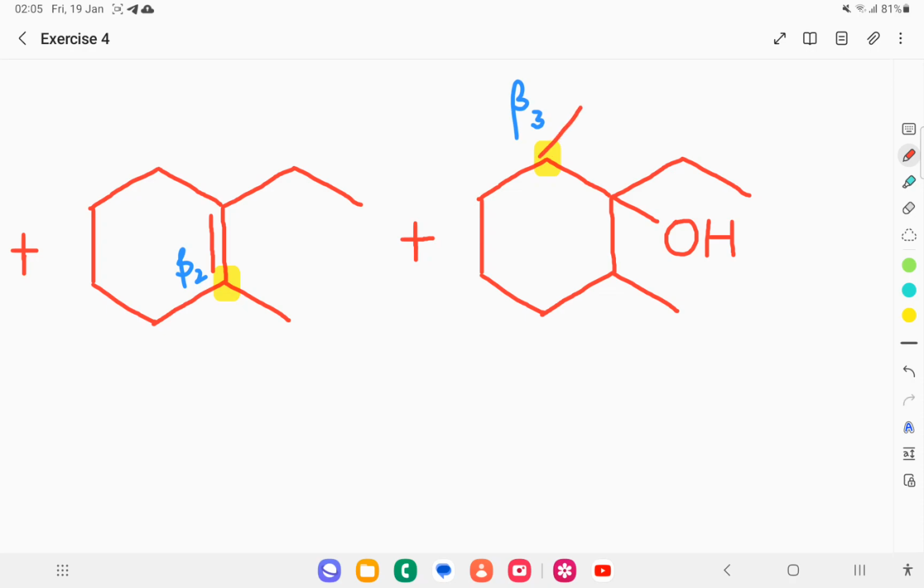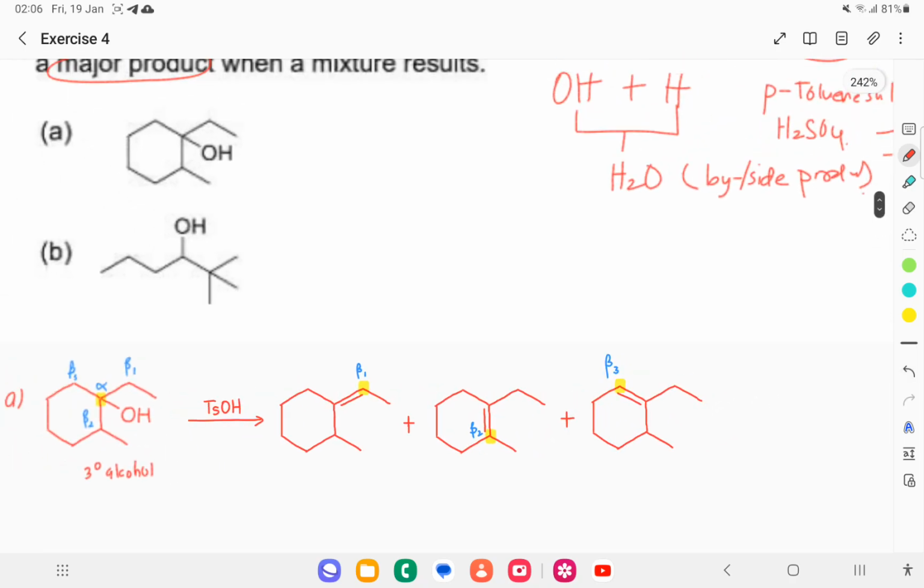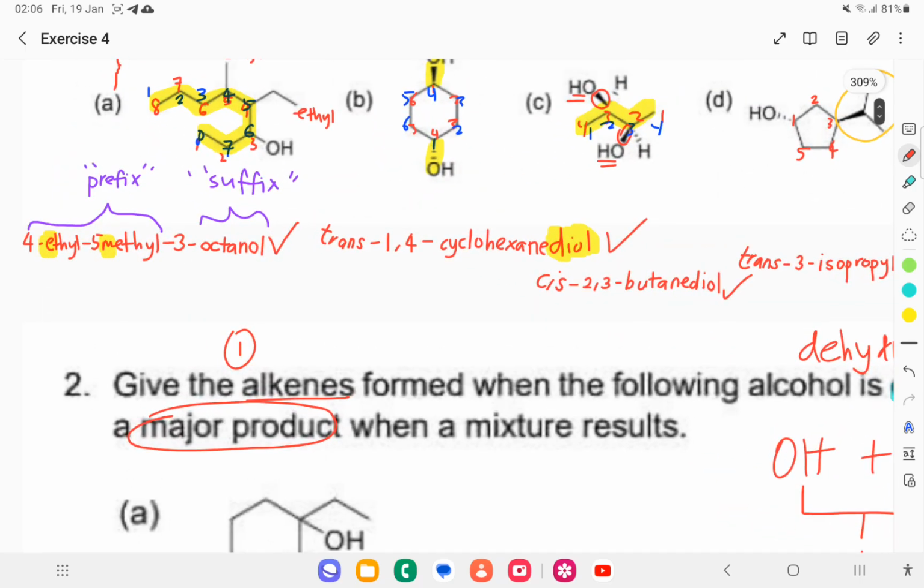We expand the structure to show the bonds between carbon and hydrogen, and then we remove this hydrogen and one OH as water molecules, which come out as the water byproduct of the dehydration of alcohols. Then we form the double bond here. We have already answered the first part, which is to give the alkenes formed.